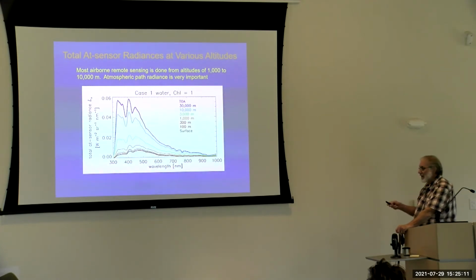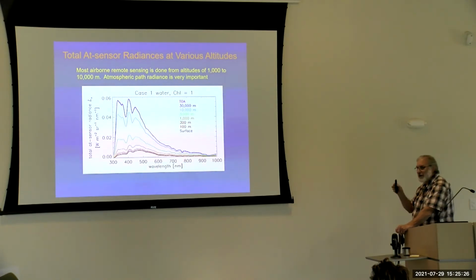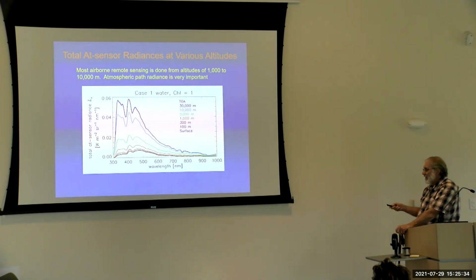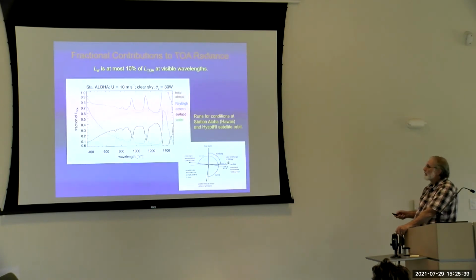So that's where things like U-2 spy planes fly. Most airborne remote sensing is somewhere between 3,000 meters or maybe 10,000 if it's something like a U-2. But either way, you have a very significant amount of atmosphere that you have to correct for.